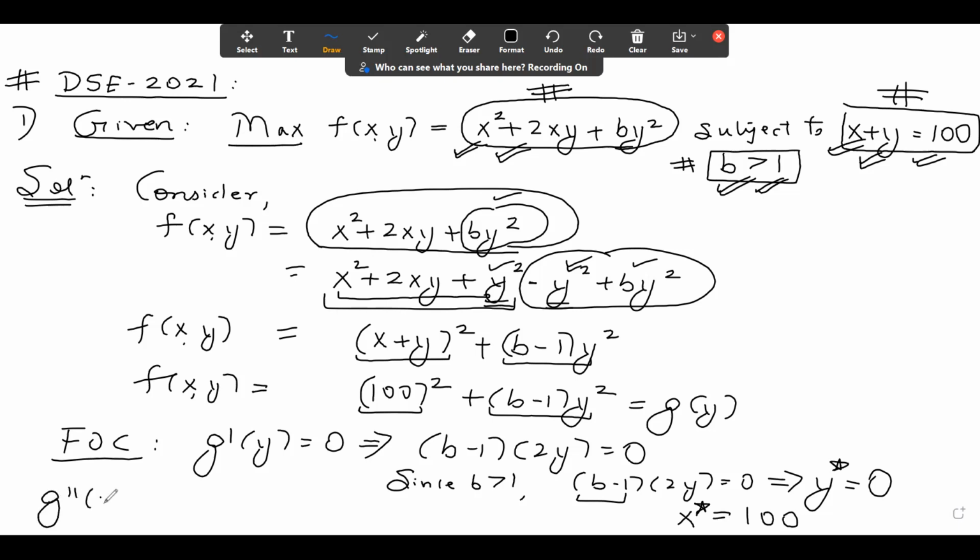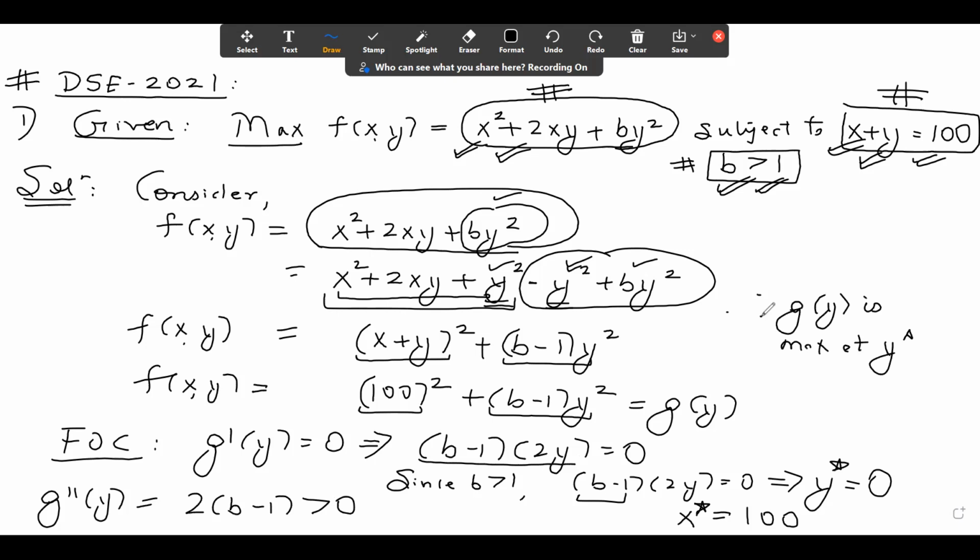So if you do the double derivative, what will g double dash y be? If I differentiate this again with respect to y, I get 2 times b minus 1, which is strictly positive. So I can write that therefore g of y is maximum at y star equal to 0.